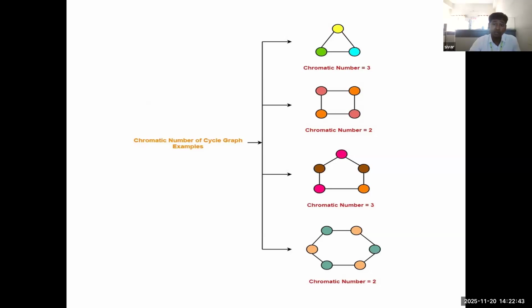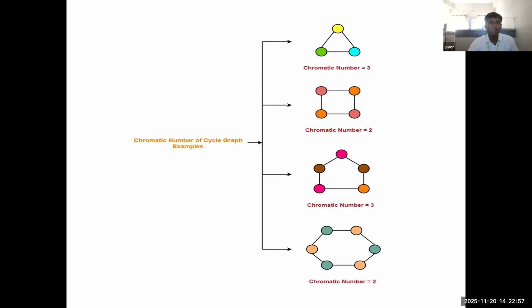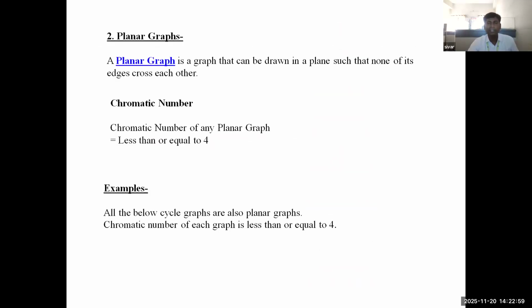If the number of vertices present in a graph is an even number, then the chromatic number is 2. If the number of vertices is an odd number, then the chromatic number is 3. Like that, you can calculate the chromatic number for a cyclic graph.